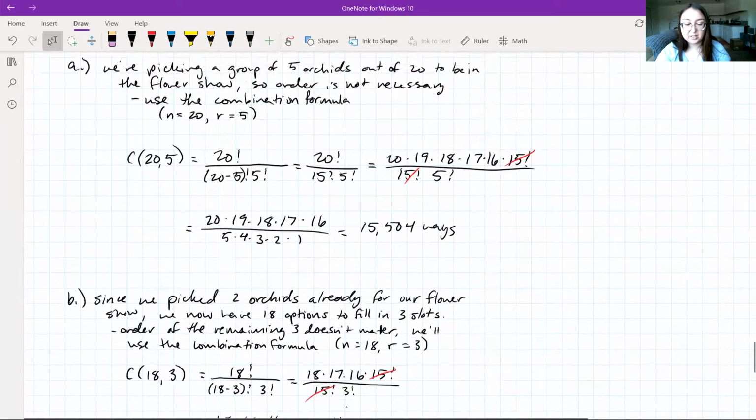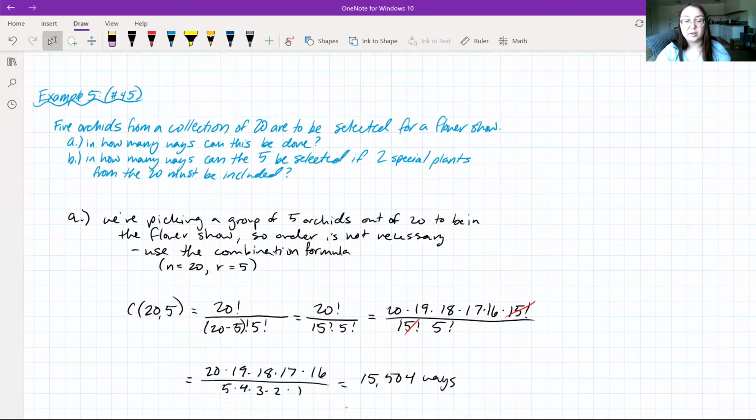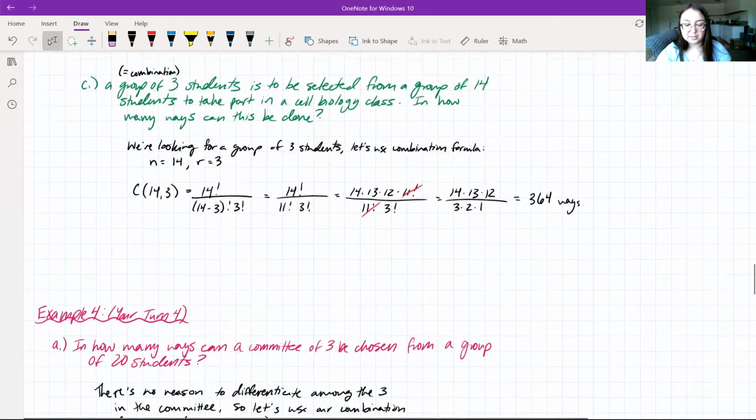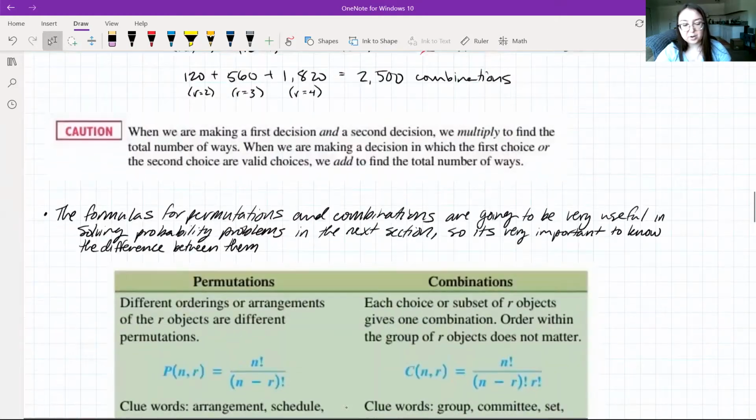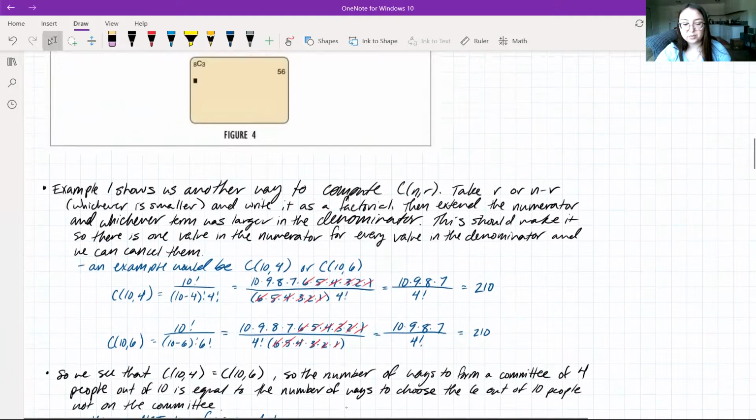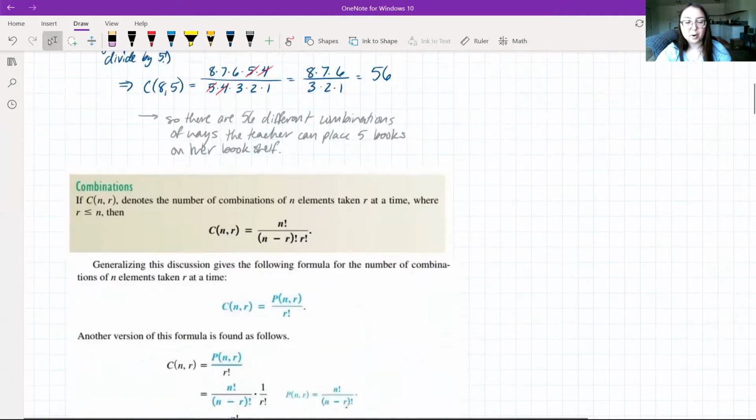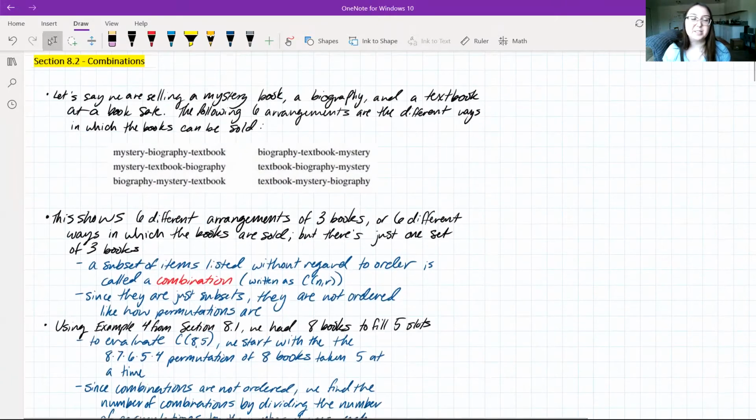All right, so that concludes our last example here for section 8.2. We've gone over our new calculation formula, which is very similar to our permutation formula. Like we said in the very beginning, this section is really just an extension of section 8.1. We learned a new formula and we learned the difference, and that was the main point to get from this section.